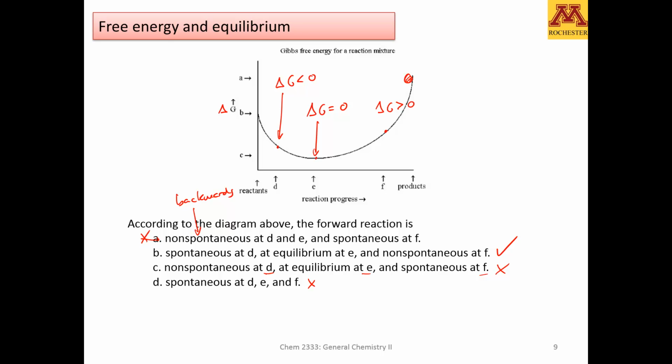So you may have noticed then that with these kinds of graphs, if you have a delta G versus Q, and your minimum is at low Q, and again, remember that Q is products over reactants, if you have a low Q, it means there's a lot of reactants and little products.